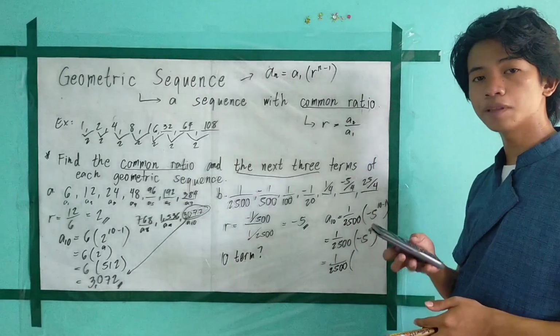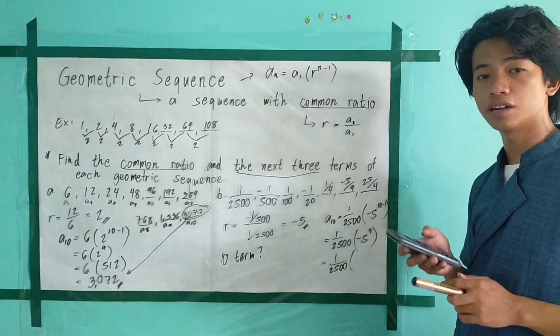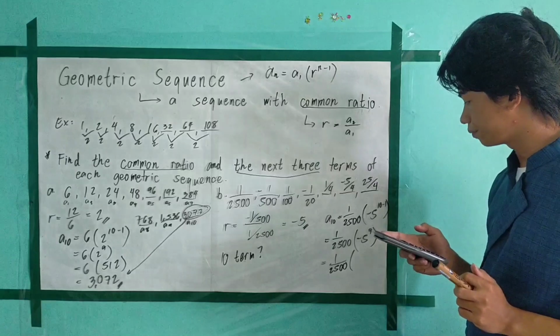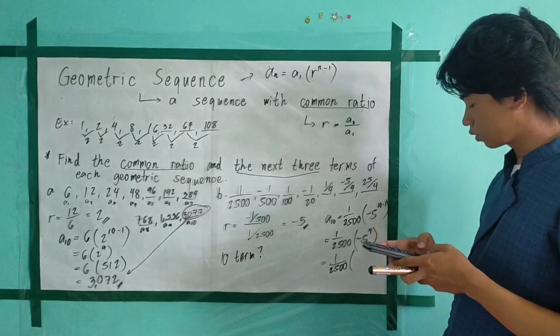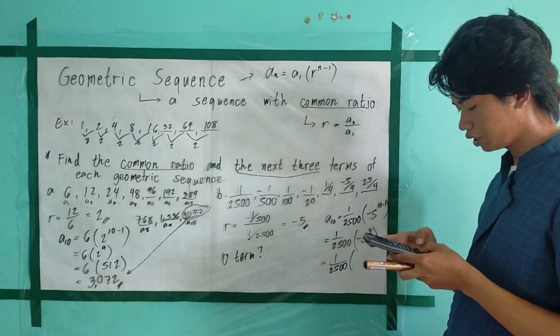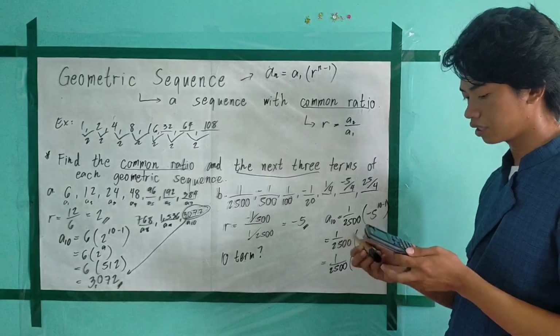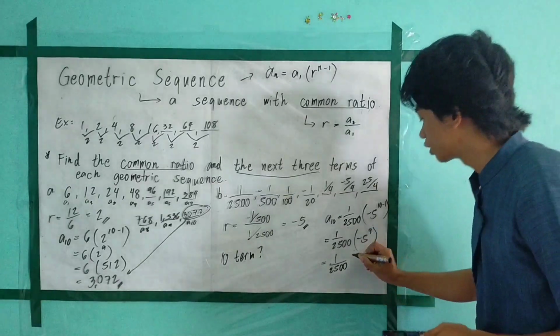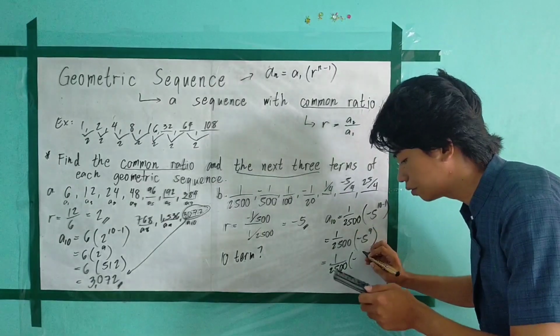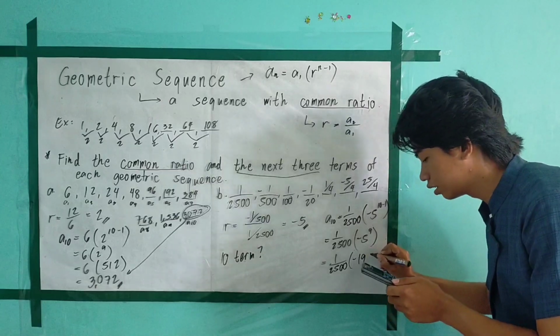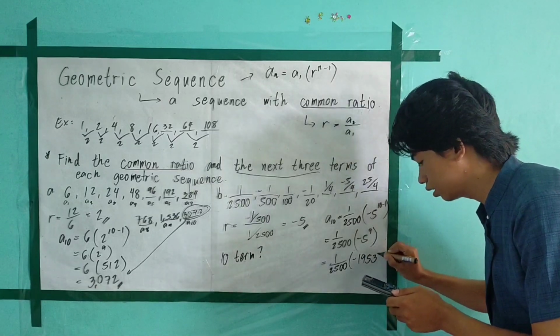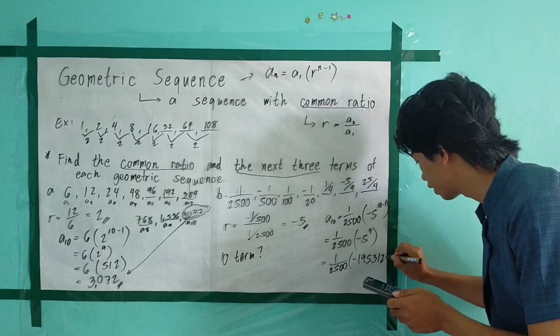So, pwede kayong gumamit ng calculator kapag large number na siya. So, negative 5 raised to 9, we have negative 1,953,125.